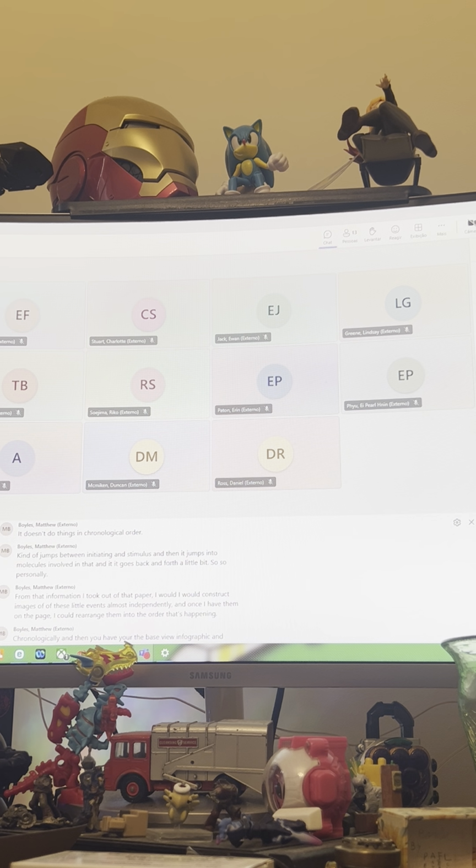Then I'll do my text description based on my infographic as opposed to based on the paper.